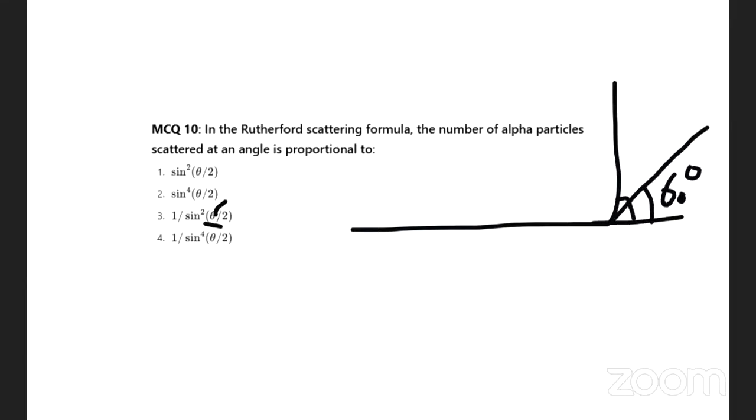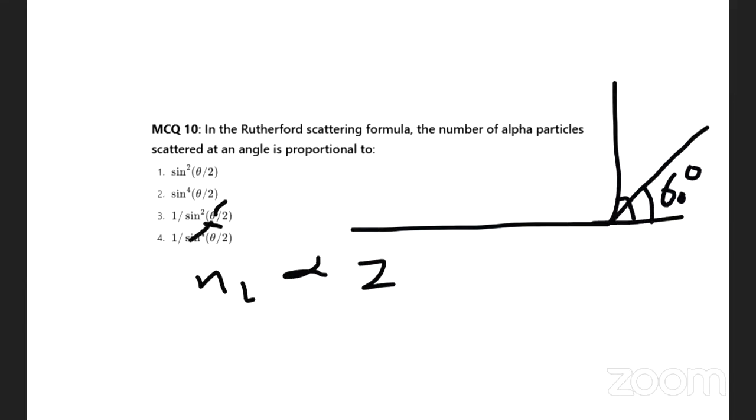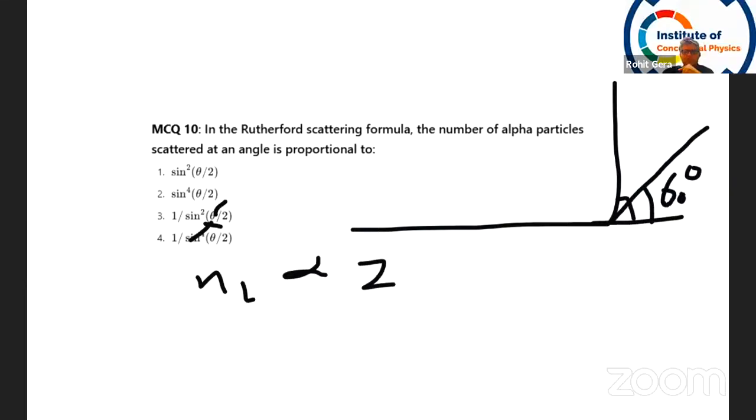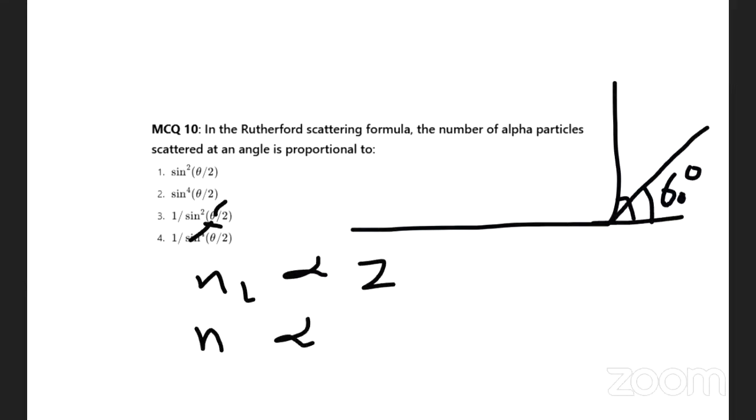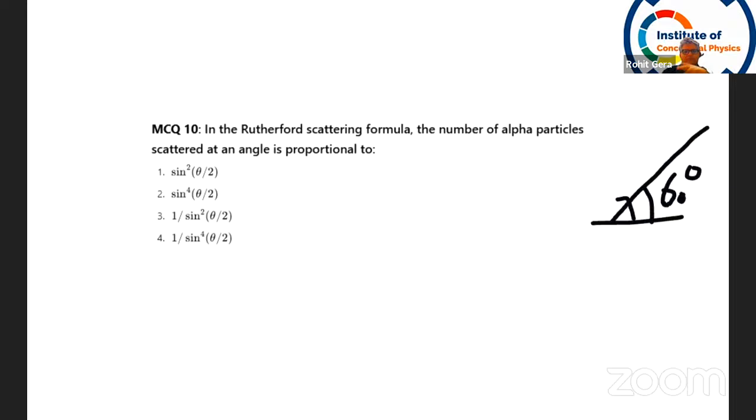N1 was proportional to 2. Now you can put 60 here, so 30 in the denominator. That will be 1 by 2, so sine square will become 1 by 4, and the 4 will go up. So the number of particles at the smaller angle of deflection is proportional to 4. So it's inversely proportional. Good to know. If you don't know, it's fine.